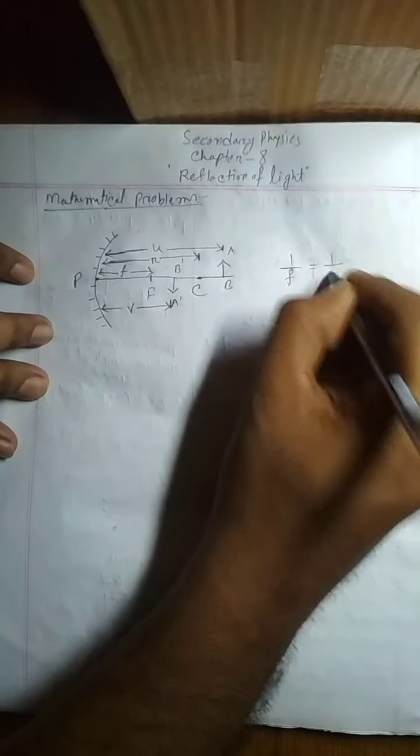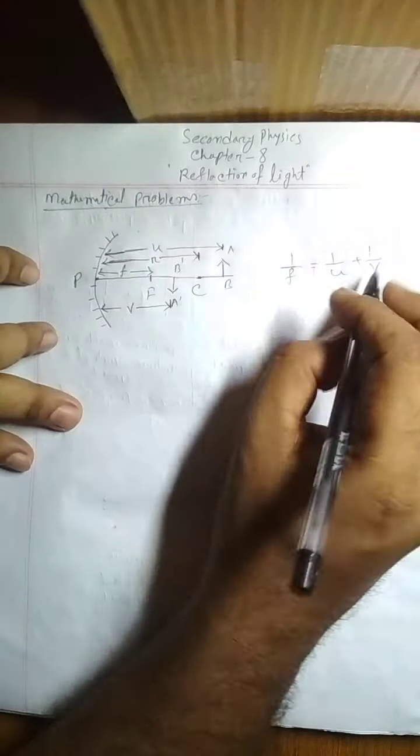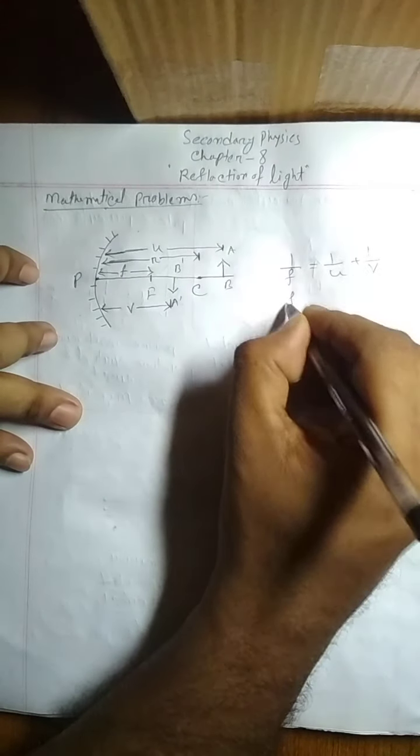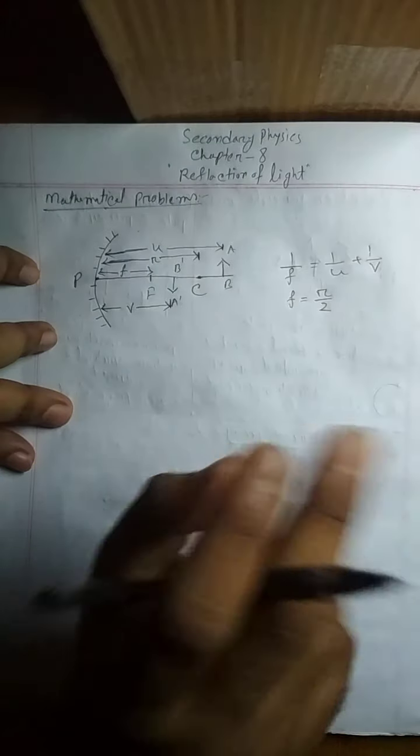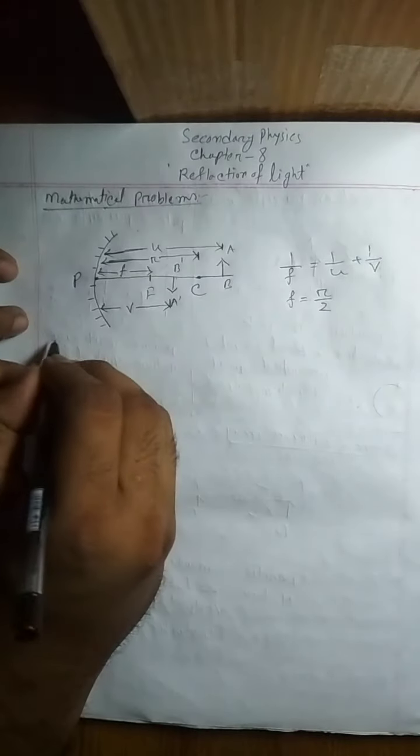I guess you all understood it. Then the formula is 1 by f equals 1 by u plus 1 by v, and also f is equal to r by 2. And there's a very important issue, the sign convention.